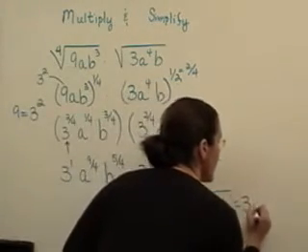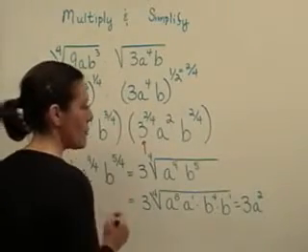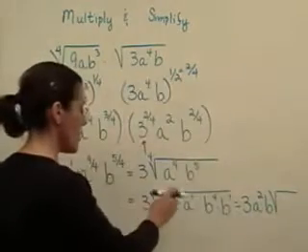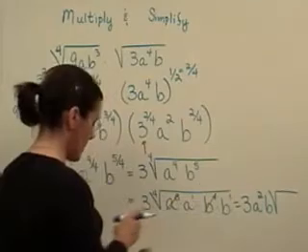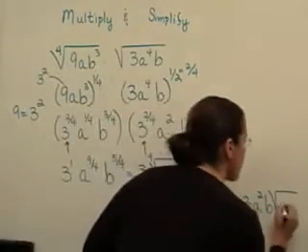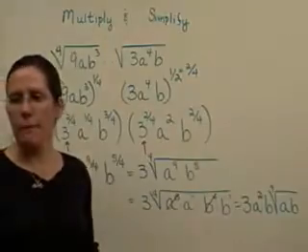So I have an a squared. B to the fourth, and I want the fourth root of that, is b. So I've taken care of this and this. And underneath the radical, I still have an a, b. And remember, it's the fourth root of.